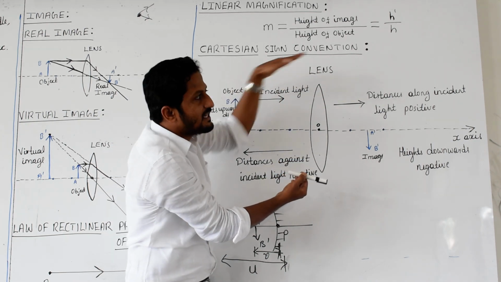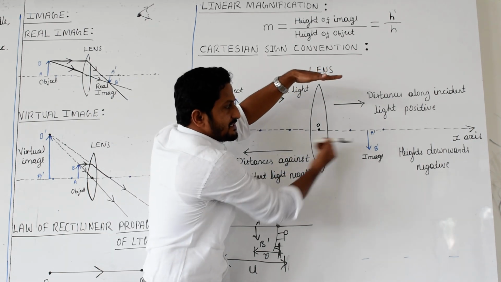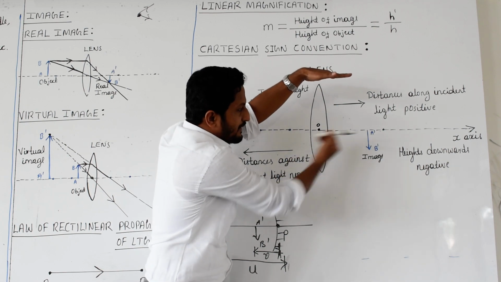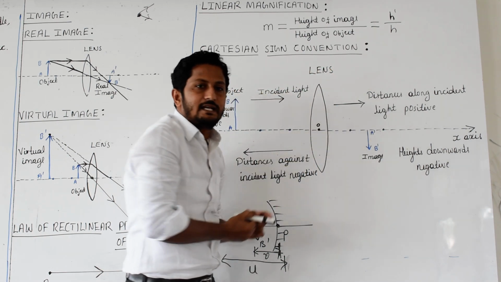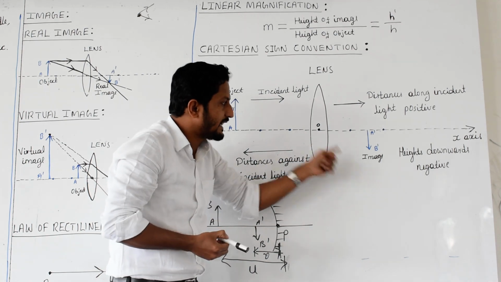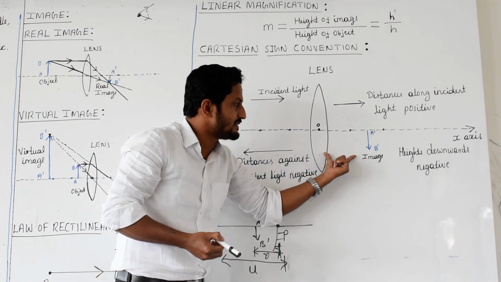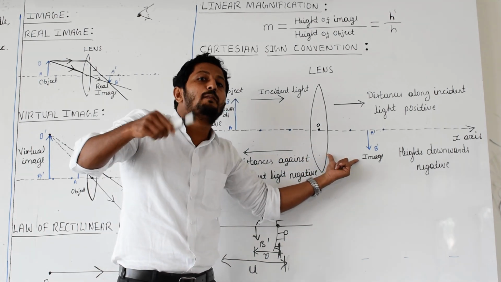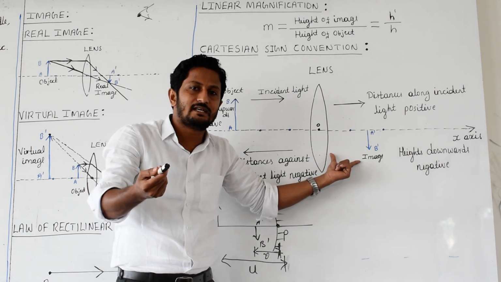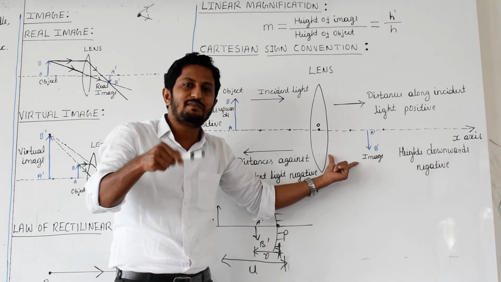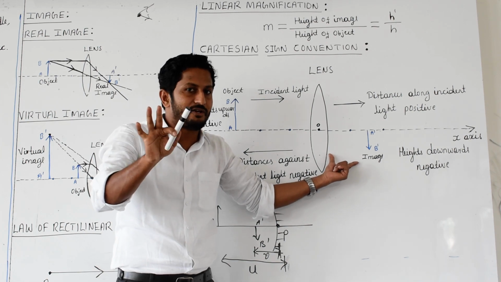Light is moving in this direction, and your image distance measurement is also going along that direction. So in that case, that distance you have to take as positive, plus v. V is the image distance, plus v. Are you getting?